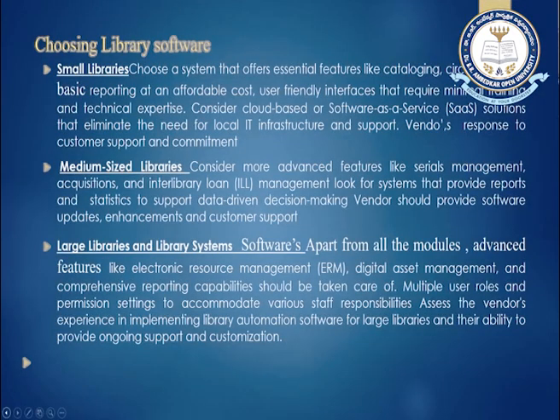Small libraries can use any software as a service from some vendor, and depending on the collection they can go in only for cataloging and circulation, which is important. Medium size libraries have to go in for all the modules like serials management, acquisition, interlibrary loan and circulation, because in modern technology medium libraries also need to computerize all their material, and this also provides usage statistics to take decisions about collection development and improvement in user services.